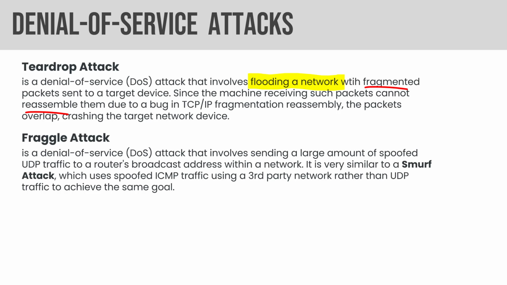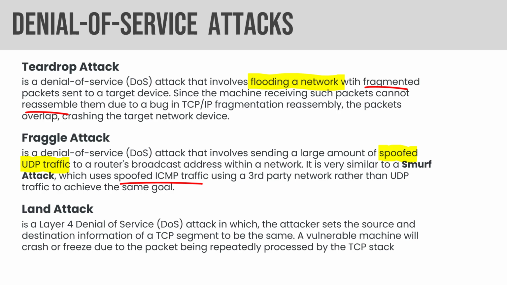Then there's the Fraggle attack, which involves sending a large amount of spoofed UDP traffic to a router's broadcast address within a network. It's very similar to a Smurf attack, though a Smurf attack uses spoofed ICMP traffic. So remember, Fraggle is UDP, a Smurf attack is spoofed ICMP, but denial of service is the class of attack we're dealing with.